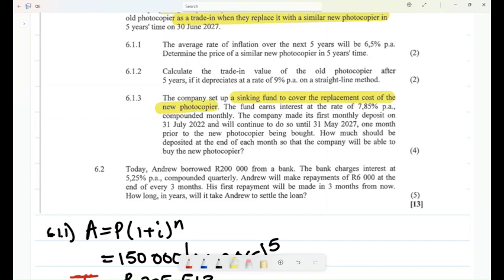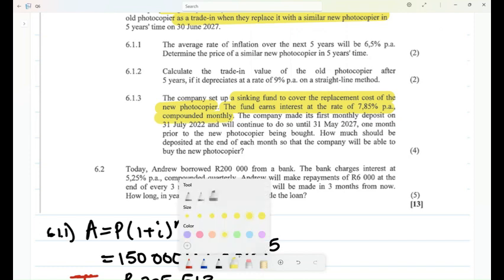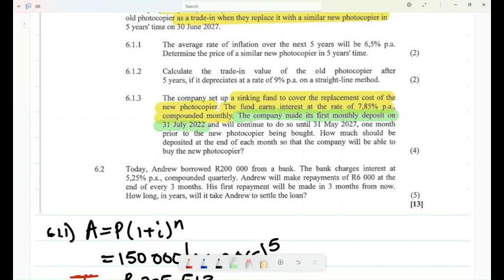Now they say the fund earns interest at a rate of 7.85% per annum compounded quarterly. The company made its first payment. This is very important, the first payment. The company made its first deposit on 31 July 2022.